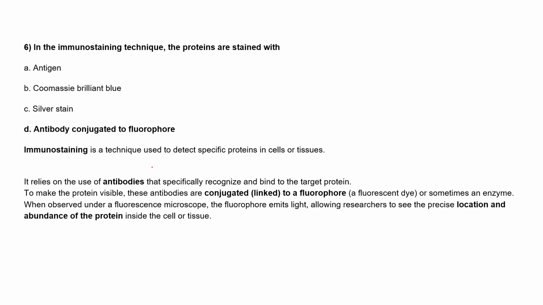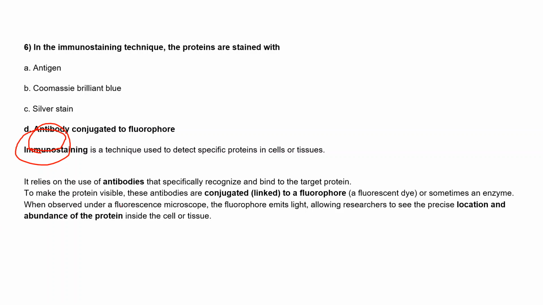As we already discussed, immunostaining, immuno means to detect specific proteins. We also use the word for antibodies. So here, if we want to see specific proteins in a cell or in a tissue, we use the term immunostaining. This principle normally relies on the antibody, whose other name is immunoglobulin.